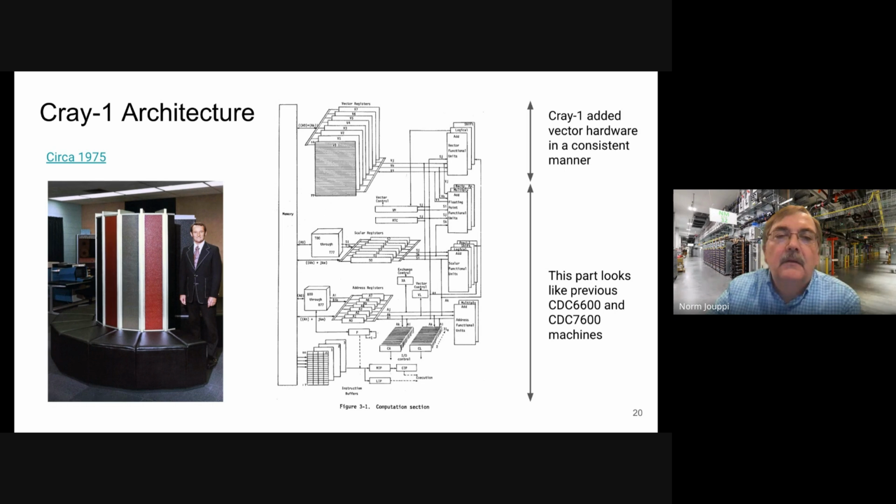Then the Cray-1 basically added these vector registers and vector functional units. So they were able to leverage code written for previous machines, with small modifications, to debug the machine and get it going, while they worked on compiler techniques and other things to get the vector operations working. That's basically the same strategy we followed.